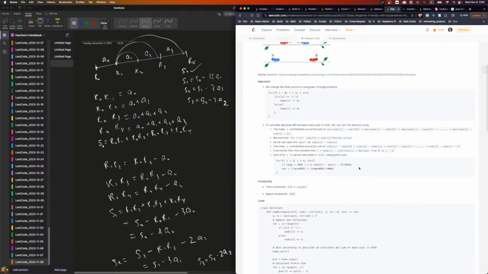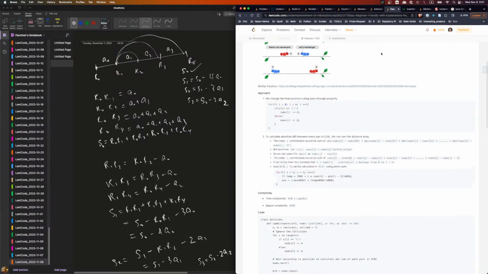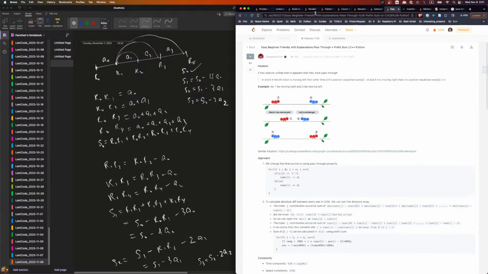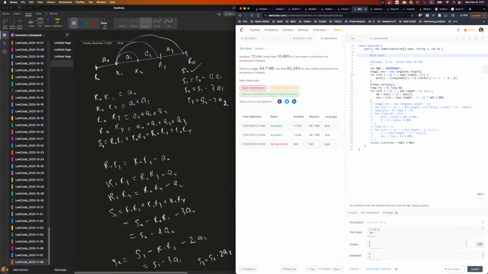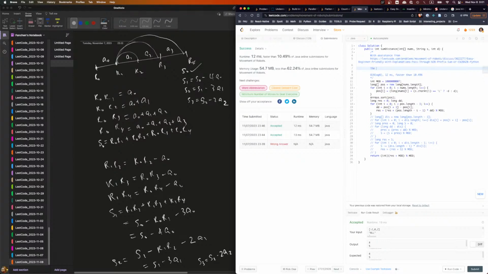So it's j times nums j minus sum. See, that makes more sense. I'll upload this one. With assistance, the computation of the total distance is simplified.